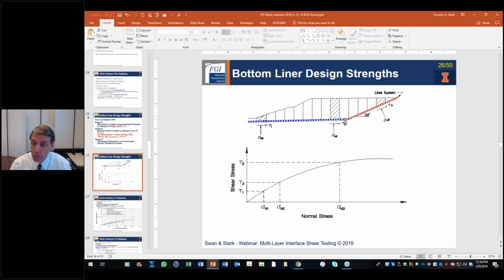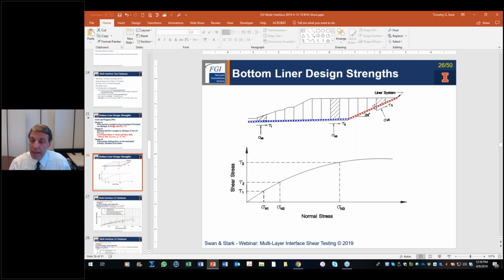But when the normal stress decreased along the side slope, sliding actually occurred on the geomembrane interface. And there are some great pictures showing the different interfaces. I gave a webinar, I think it was the first one in this series, and showed the photographs from that. So if you'd like to look at those photographs, I can show you.